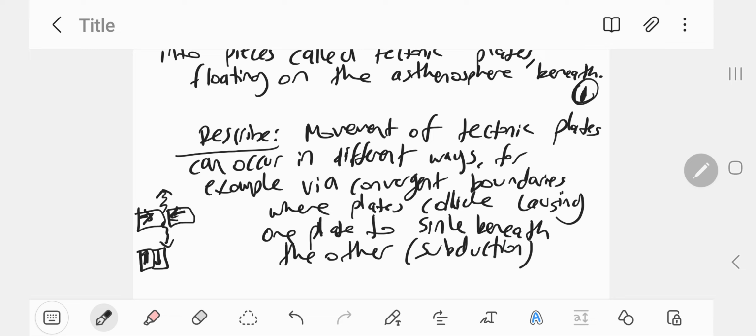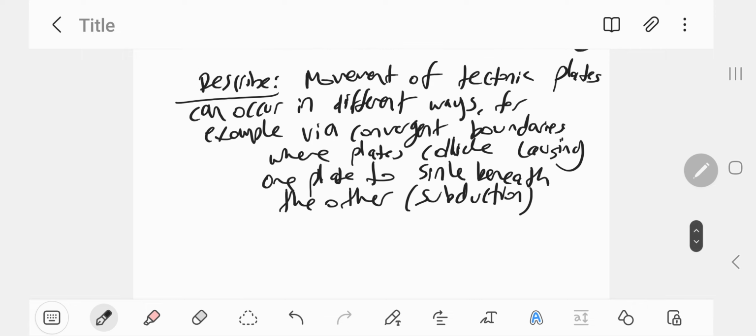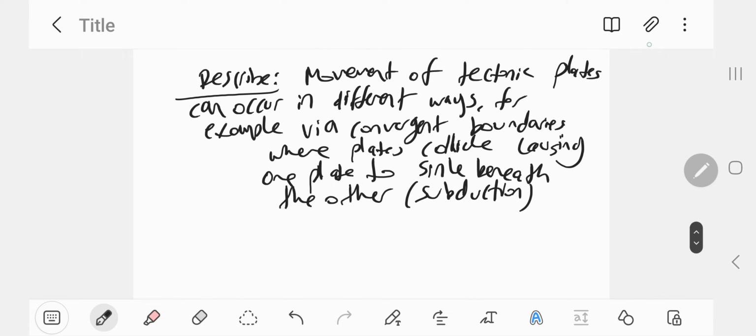Okay, so sometimes when 2 plates come together, there's so much force involved, one can actually sink beneath another, if it's heavy enough. That's called subduction. Subduction means the sinking of one plate beneath another. So I've described there the process of an earthquake forming. I should say the step that precedes an earthquake forming.